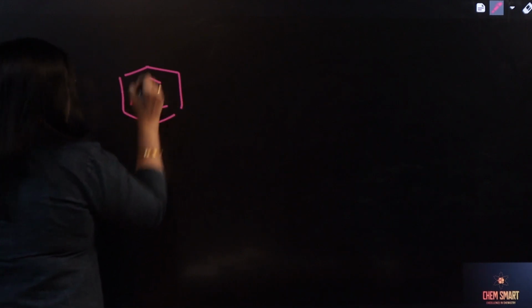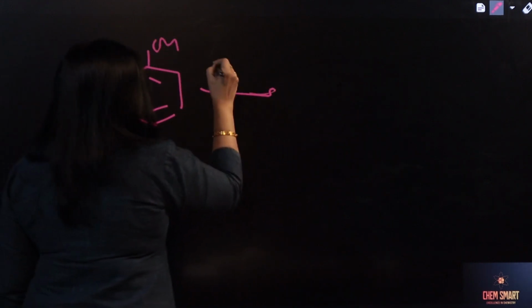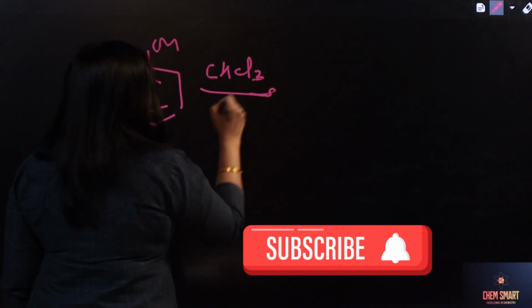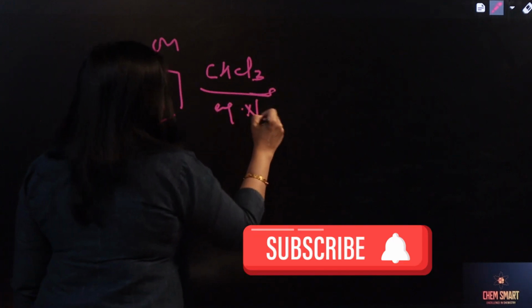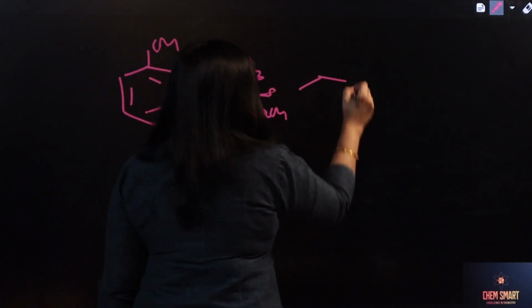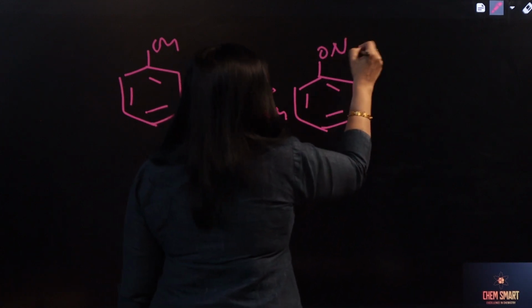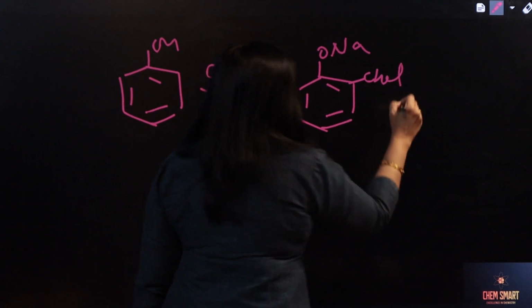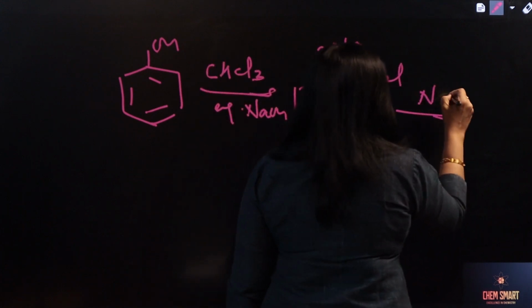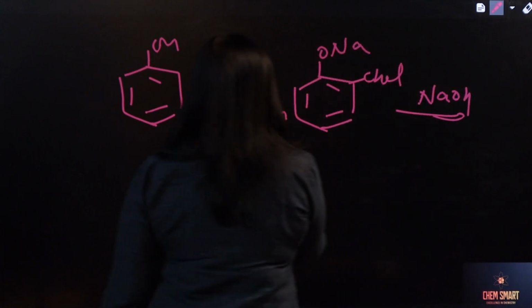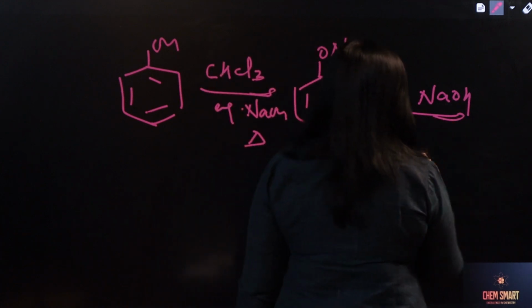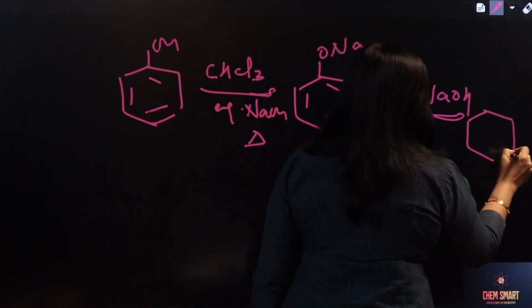If you have phenol, make it react with chloroform and aqueous NaOH. Then you will get a substituted benzyl chloride intermediate, which will react further with NaOH. Here you have to heat it also. Further with NaOH, you will get the sodium salt, ONa with CHO.